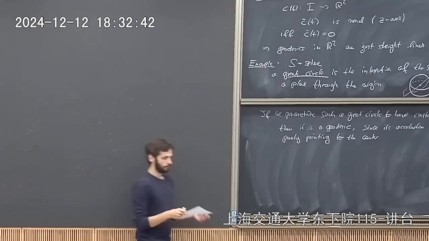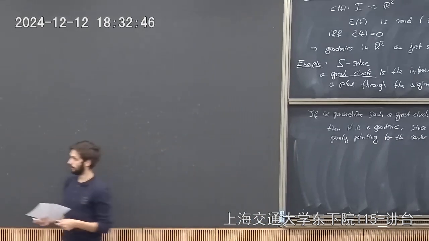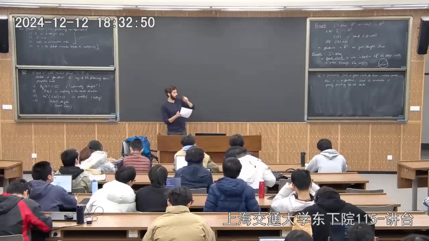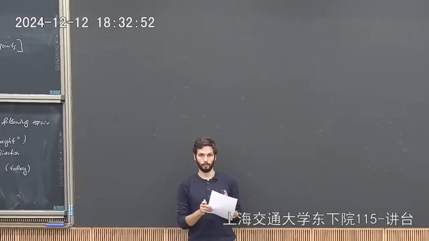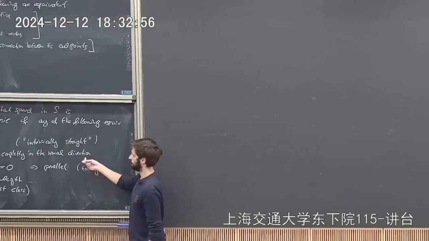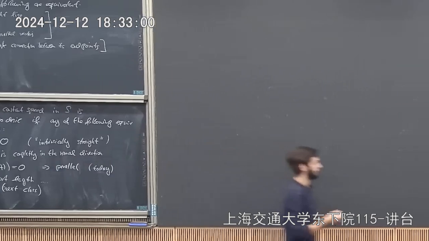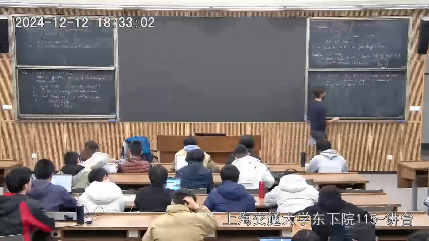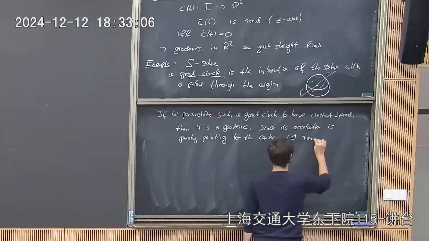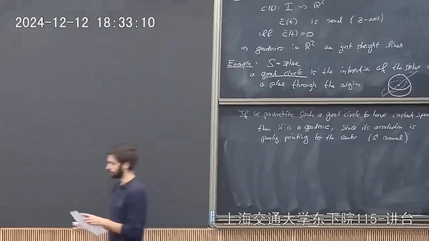And the vector that points from the origin to the point is just the normal vector at that point. So we see for this second property that the acceleration is completely in the normal direction, and then it's a geodesic because of the second point.